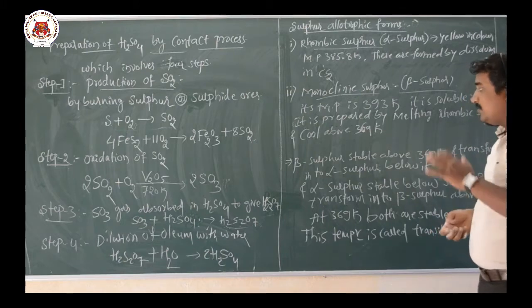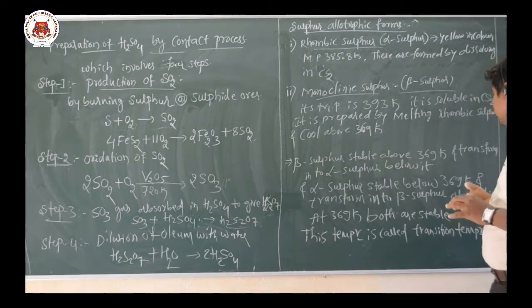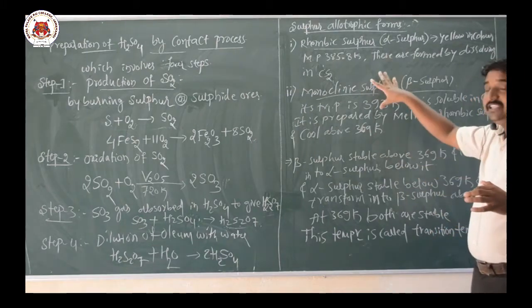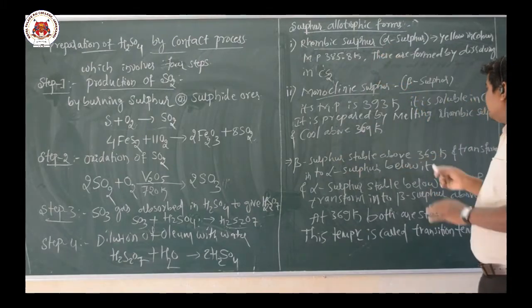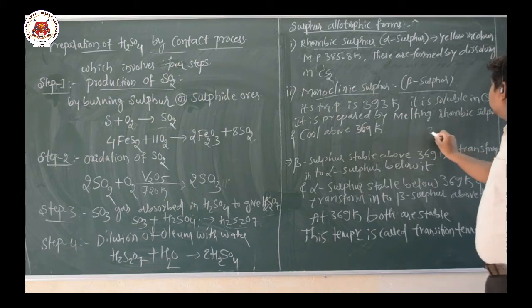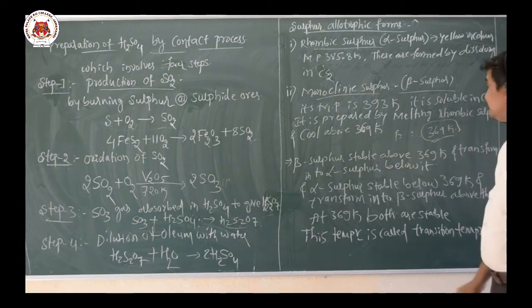Here one important definition is there: transition temperature, regarding these two allotropic forms only. Beta sulfur is stable above 369 Kelvin temperature.